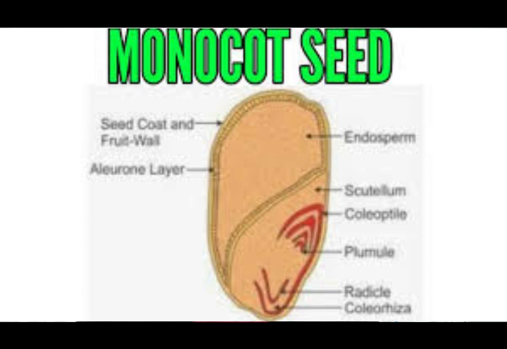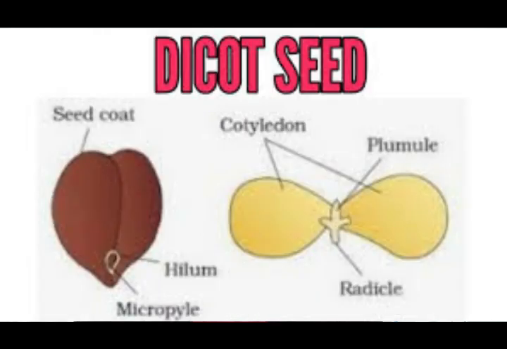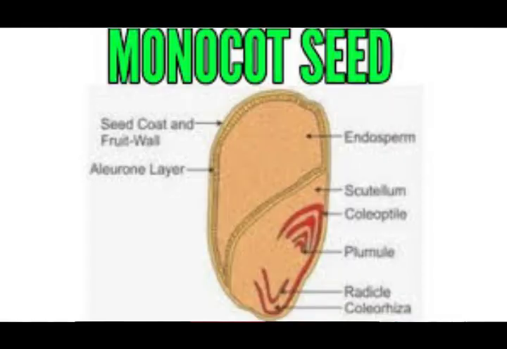Kinds of seed. There are two kinds of seed based on the cotyledons, which I told you about right now: monocot seeds and dicot seeds. The monocot seeds have only one thin cotyledon inside them. They do not store food inside them.